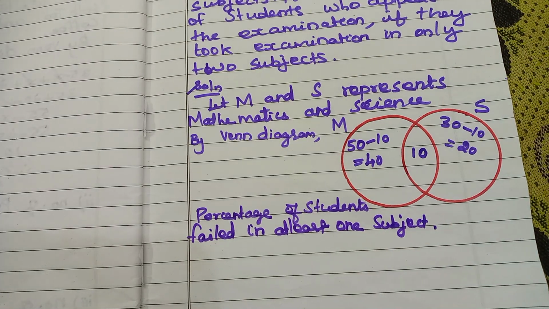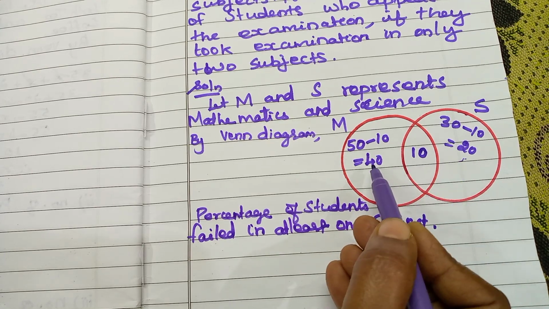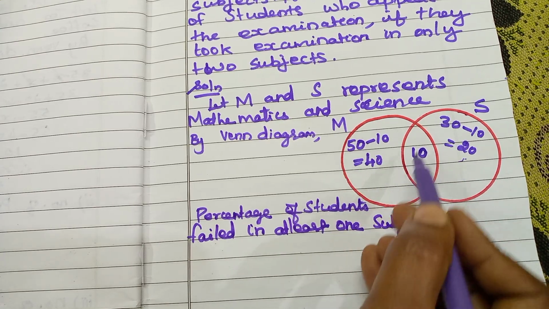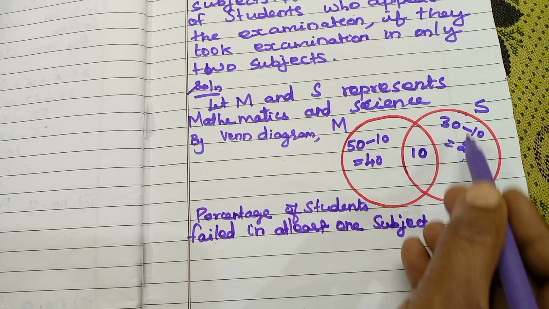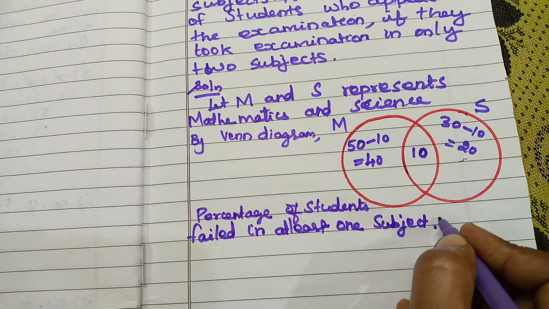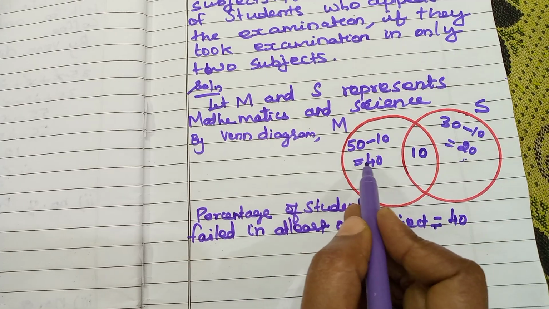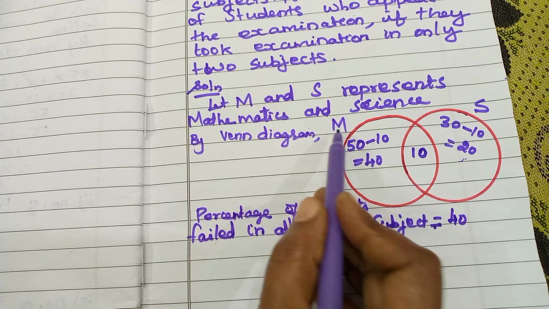We are going to find out. How can we find out? We have to add all these answers. Here only maths 40, here both 10, only science 20. Failed we are finding first of all. 40 of them failed in maths.